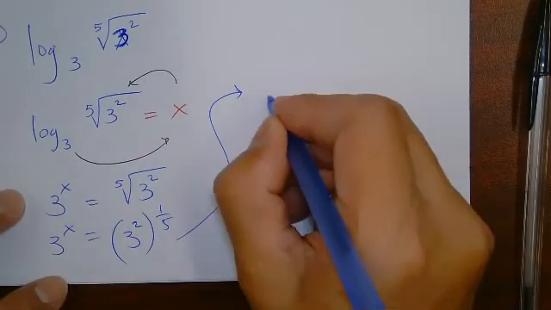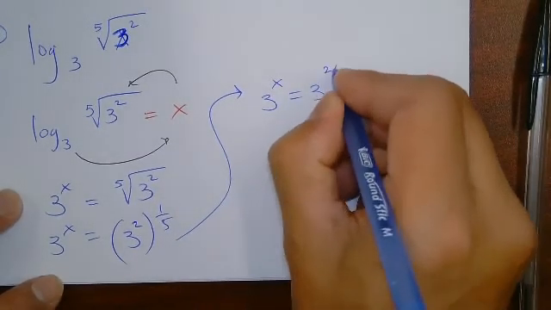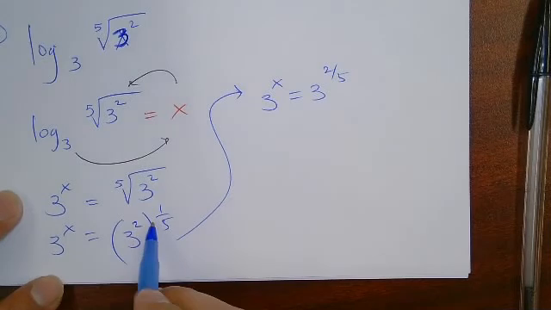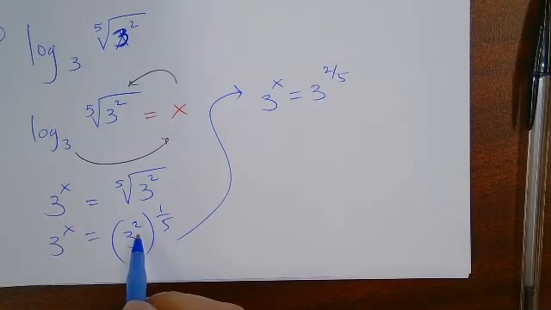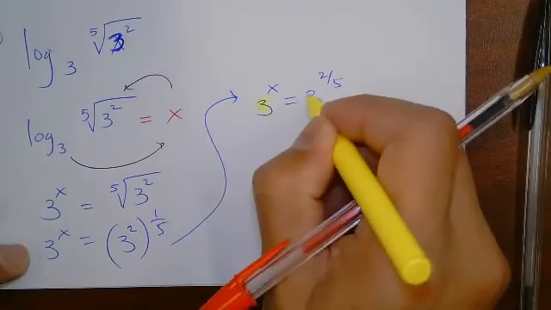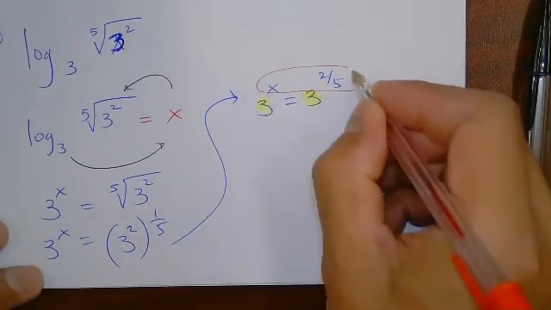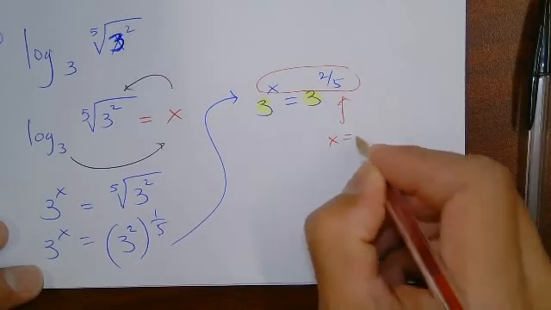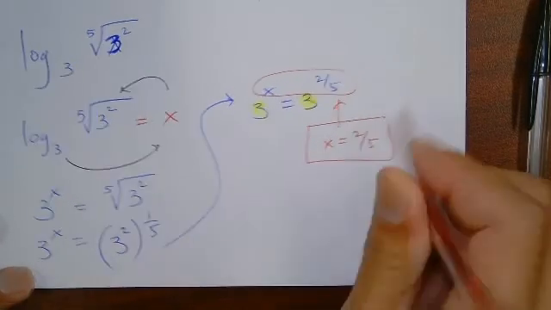And that would be 3 to the x is equal to 3 to the 2/5, right? Because you multiply these, the 5 is in the denominator and the 2 is in the top. And once you have these bases matching, like we've been saying in the past couple of worksheets, you solve, but it's already saying x equals 2/5.